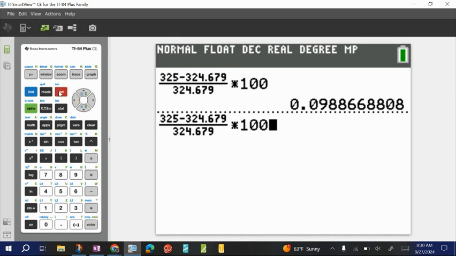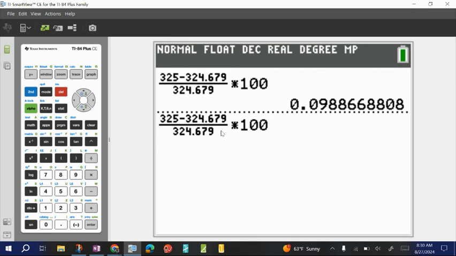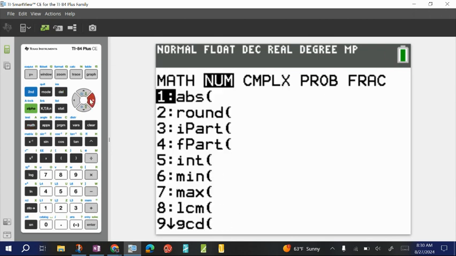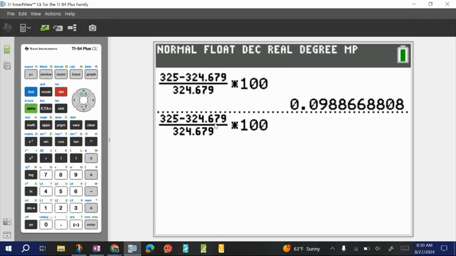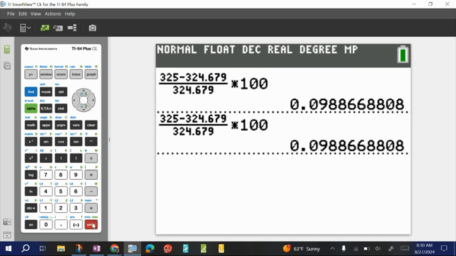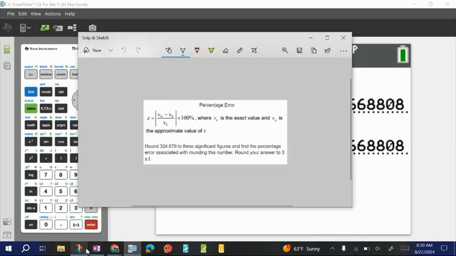Well, just as quickly we can just put this in, and then if it's negative we switch it to a positive. So if you want to, you can do math, go over to number, and choose option number 1, and that'll take care of switching it for you. Otherwise you can just put it into the calculator like I have it, and then if it's positive, keep it positive, and if it's negative, turn it into positive. So that is our final answer.